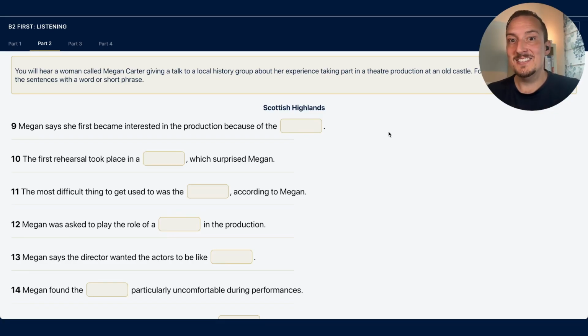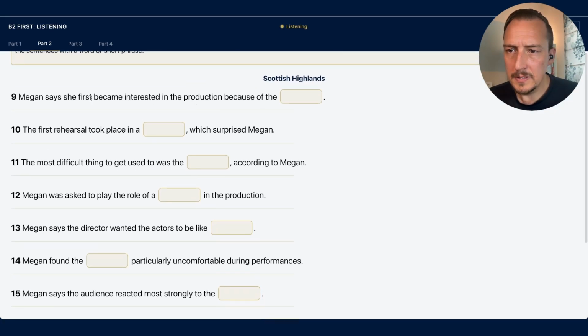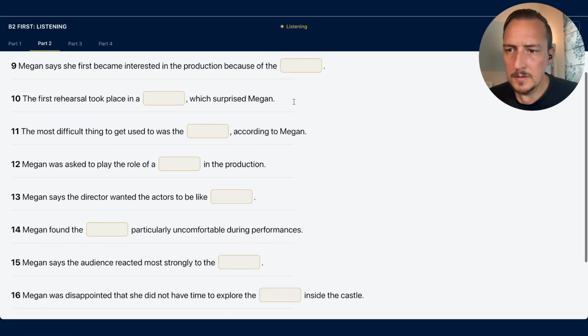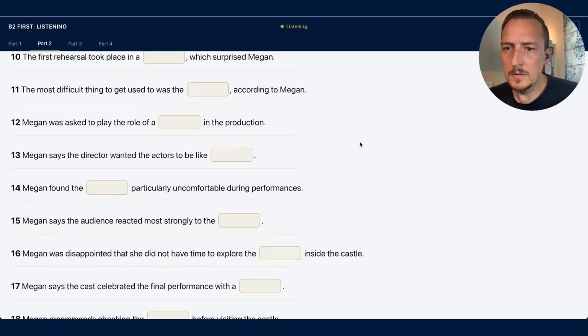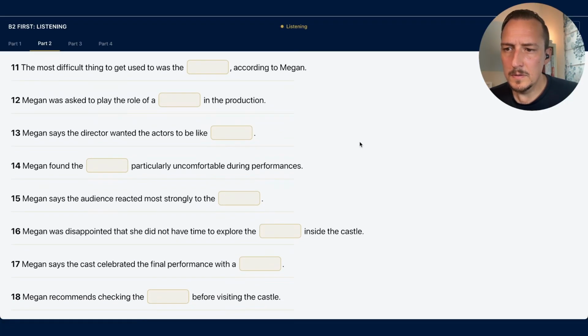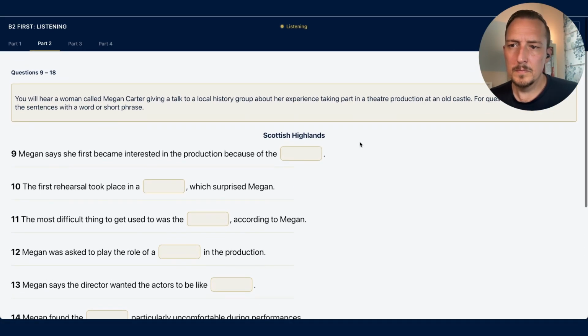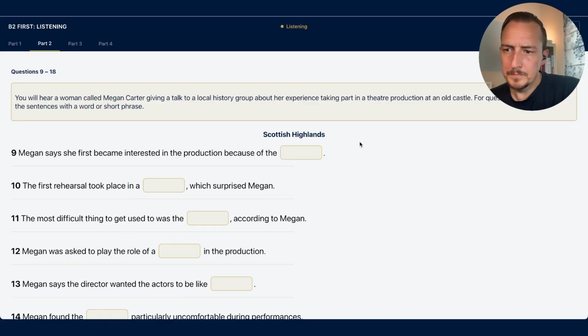We now have 45 seconds to read through the questions. And remember that the order of the questions is the same order as the recording.